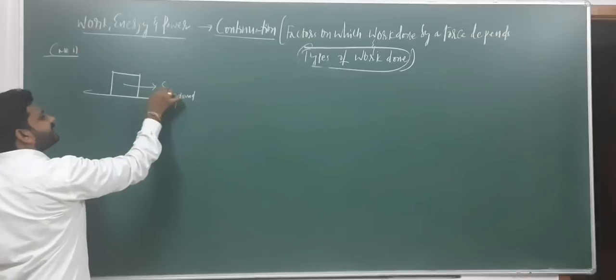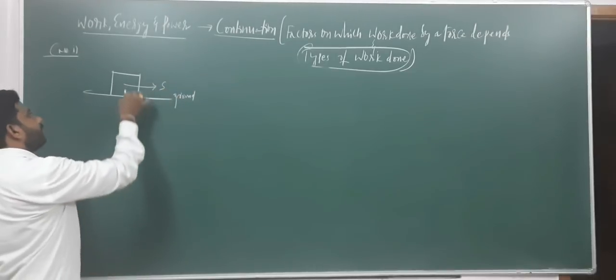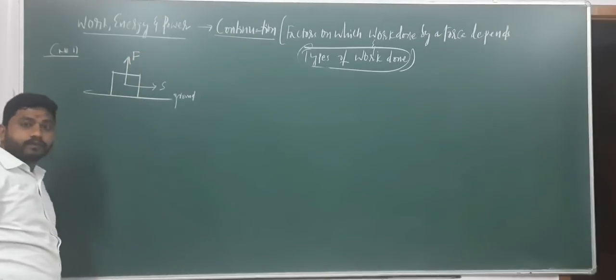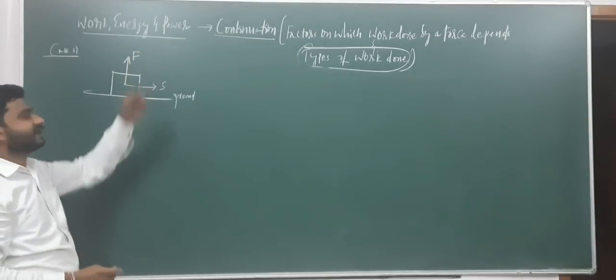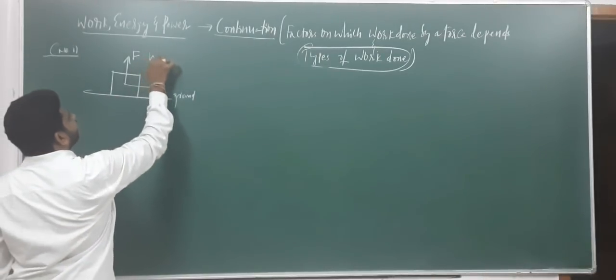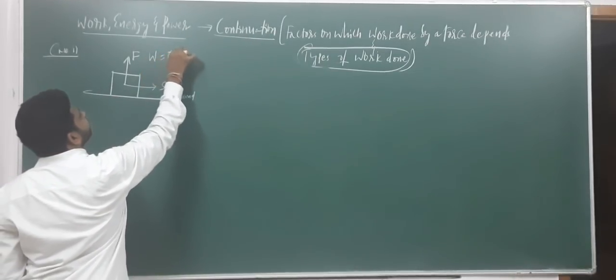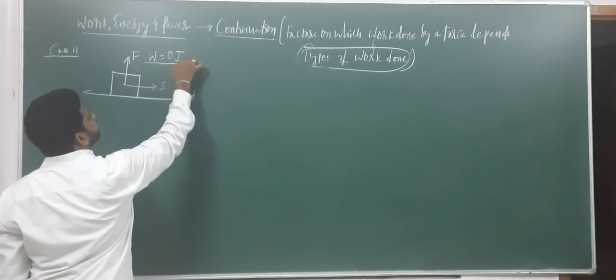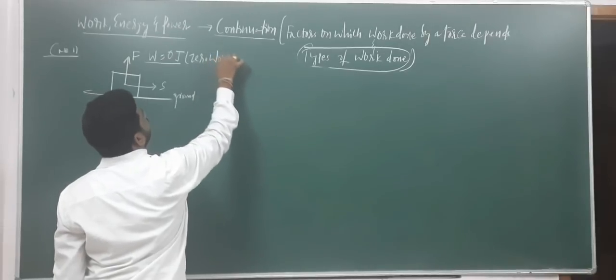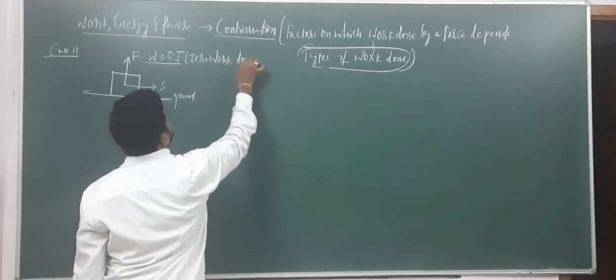Displacement is in this direction. Force acting on this body is in this direction. In this case, work done by the force is 0. So that's called zero work done. Yes or no? What is that called? Zero work done. Clear?